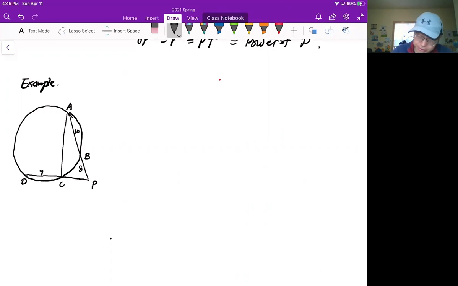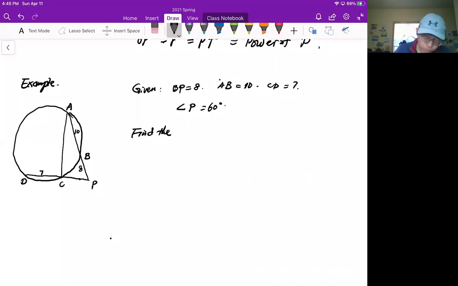And angle P. Given the following: BP is equal to 8, AB is equal to 10, CD is equal to 7, and the angle P is equal to 60 degrees. Suppose this, and now I want to find the radius of the circle. This is a little bit hard, so let's think of that for 1 minute. It's a hard question.